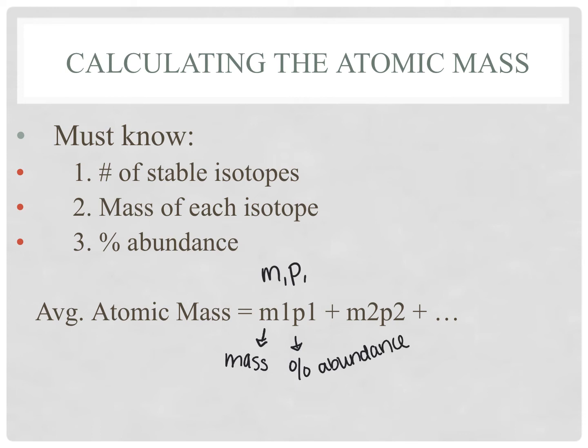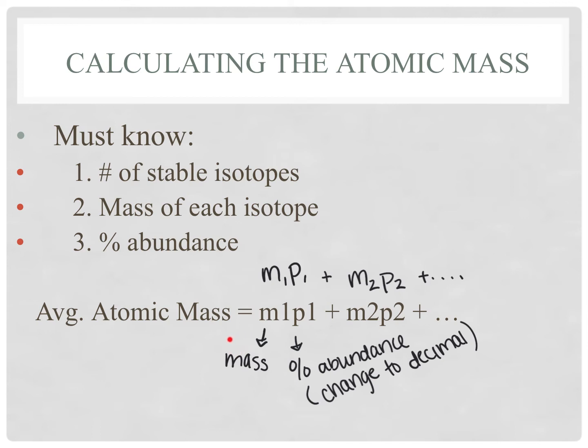And we're going to add to that. When you multiply it, you actually have to convert the percent to decimal form. So write yourself a little note: change to decimal. On our next slide, we'll do a practice problem.